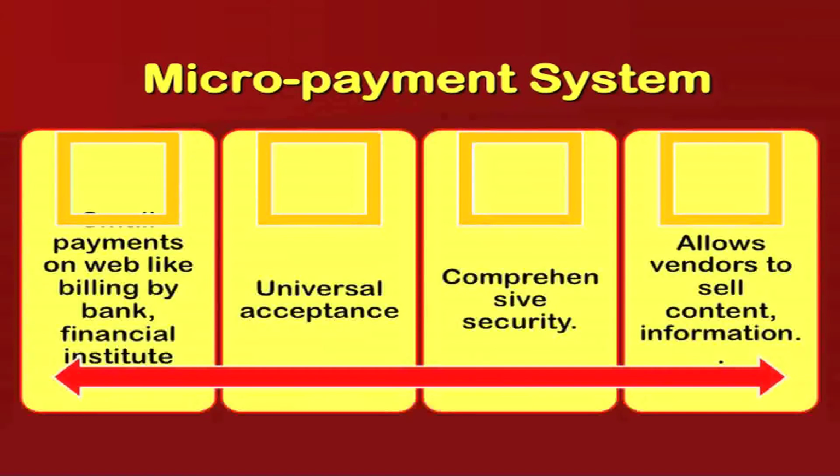Then you have micro payment systems, small payments on websites, by billing, by banks, financial institutes, etc. You have universal acceptance, comprehensive security, and it allows vendors to sell content and information.